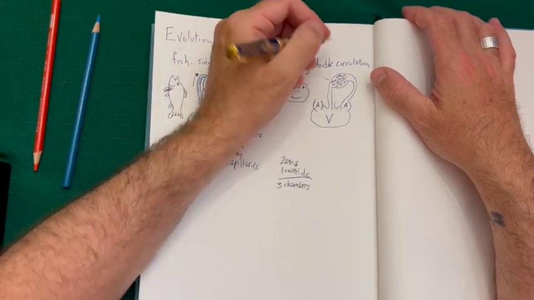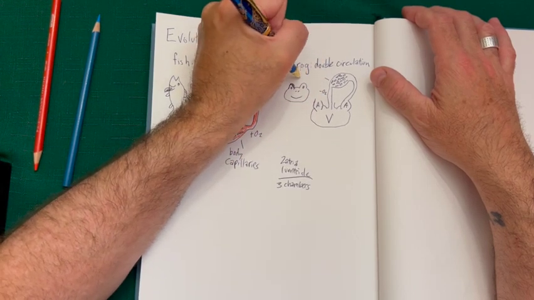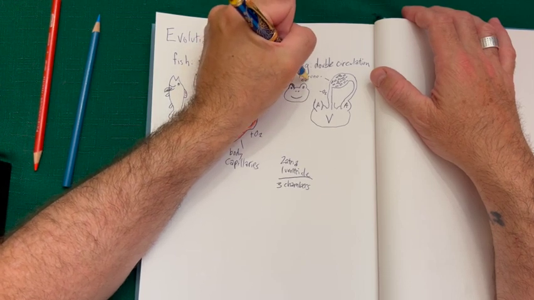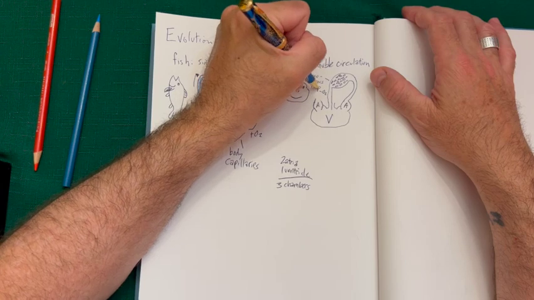So this up here, pumping deoxygenated blood, is the pulmonocutaneous loop.